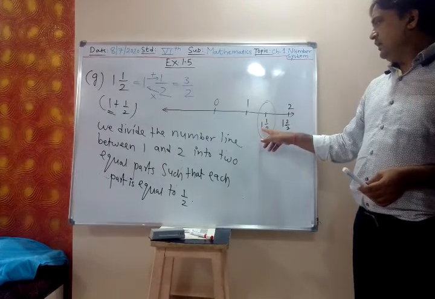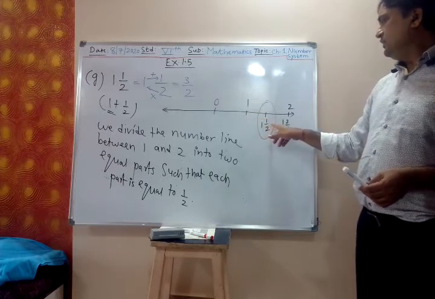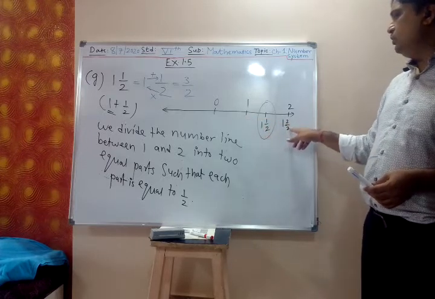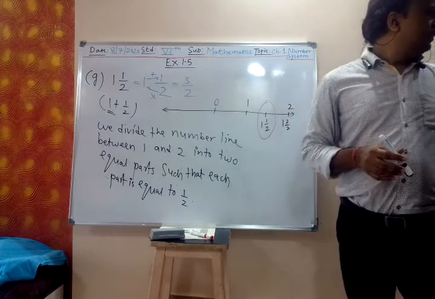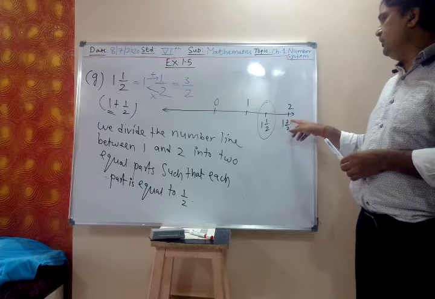So first part will be 1 and 1 by 2. Second will be 1 and 2 by 2. 2 by 2 is 1, so 1 plus 1 is 2.